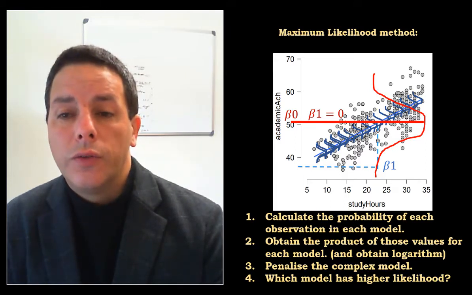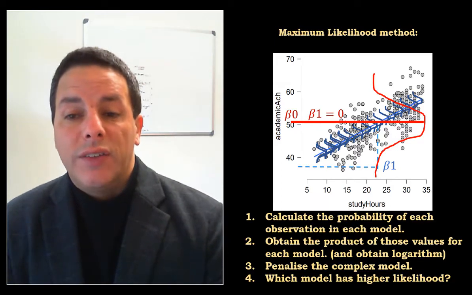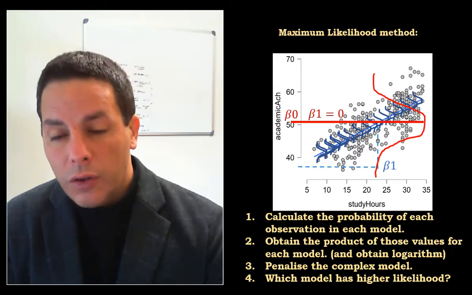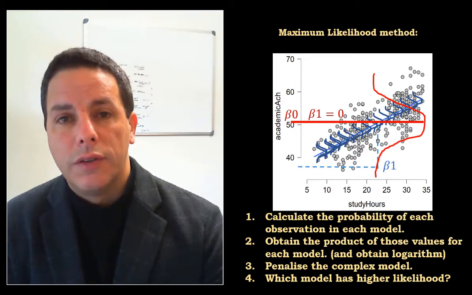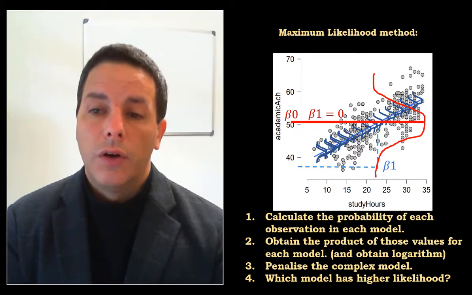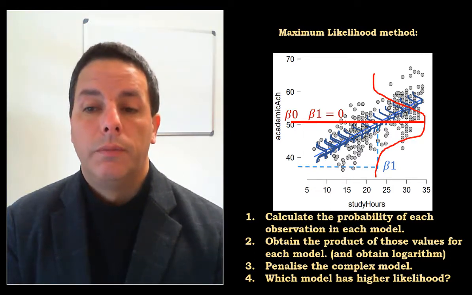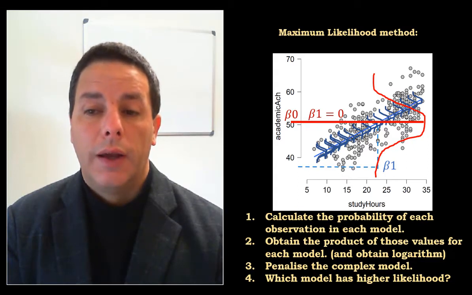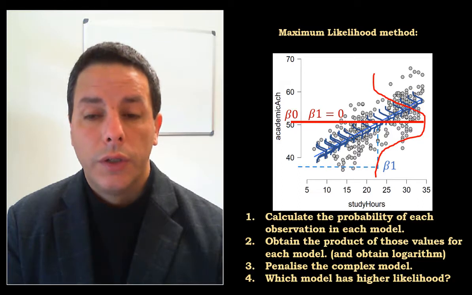So instead of using a model that predicts a summary of the data, maximum likelihood predicts each of the 300 observations we have in this study. So we use the models we have about how the population is distributed.